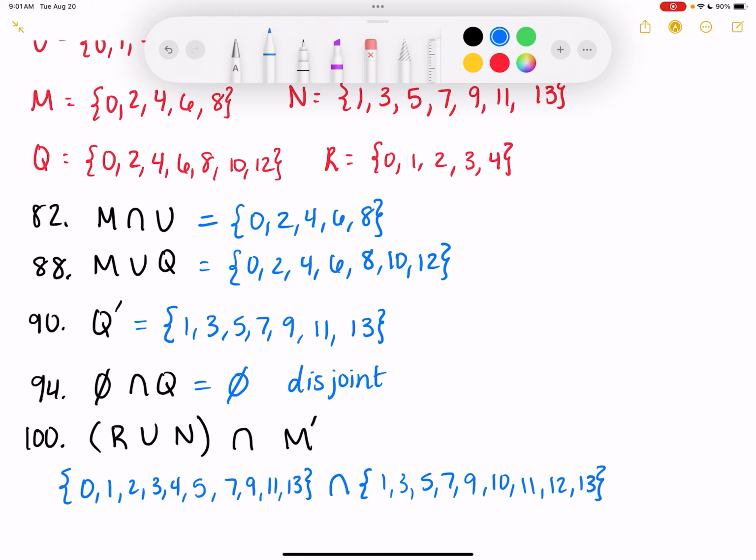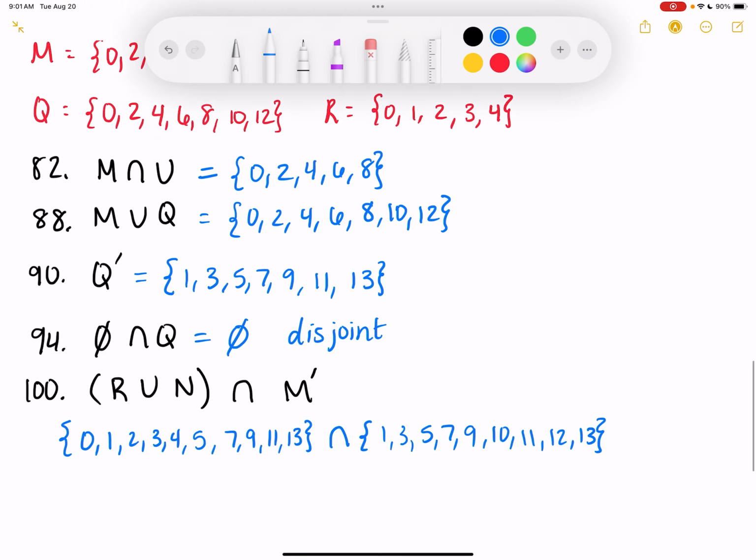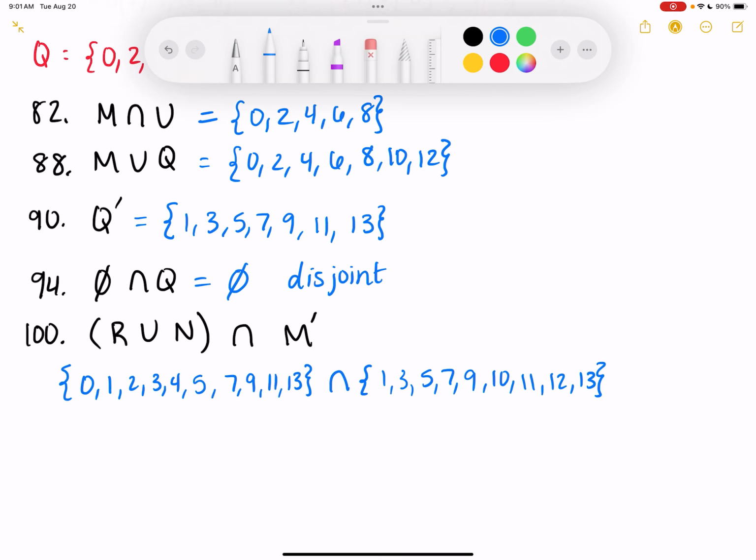So now I can do the intersection of these two things that I have written down. What numbers are repeated in both of these? Yep.